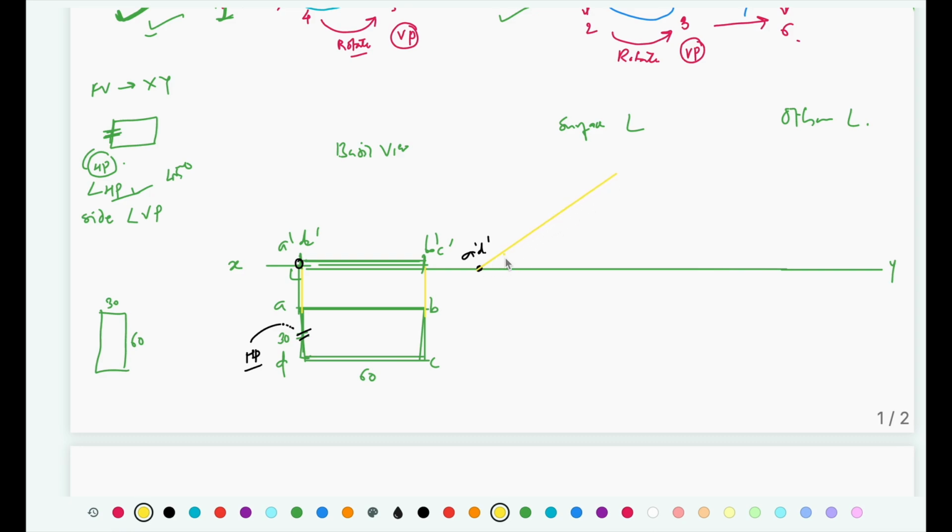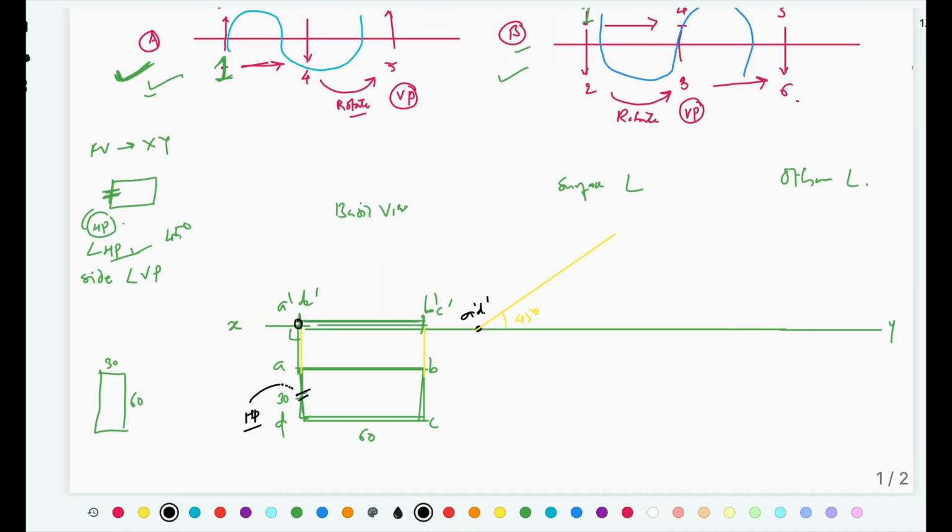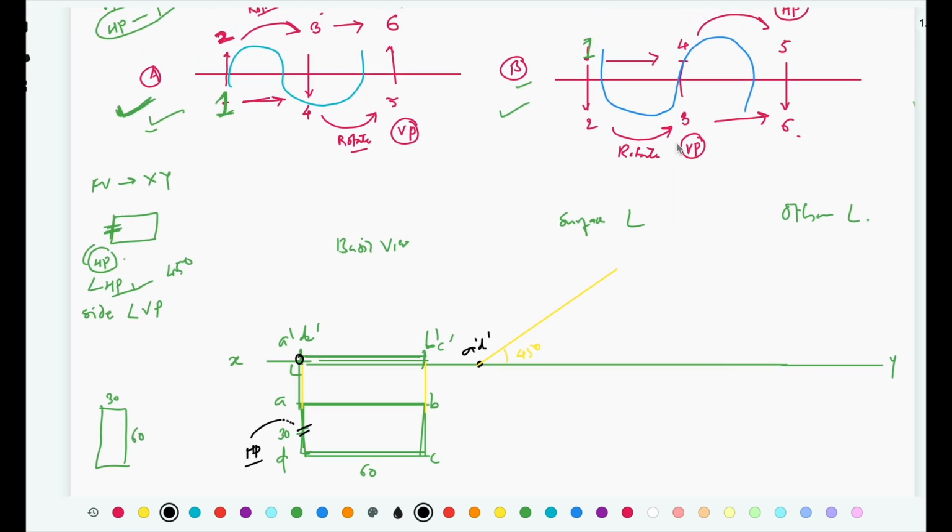Draw a line which is inclined at 45 degree, because that is the surface inclination. Now as I mentioned, when you have drawn view number 2, that is we started with the front view, we got view number 2, now we are going to draw view number 3. So we are just going to provide the rotation, or change its orientation.